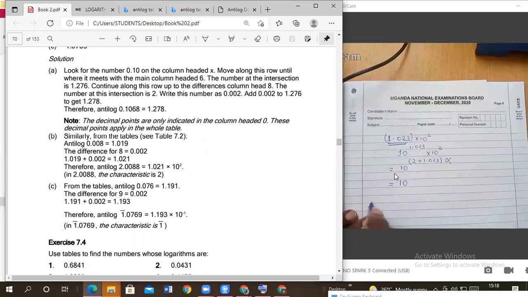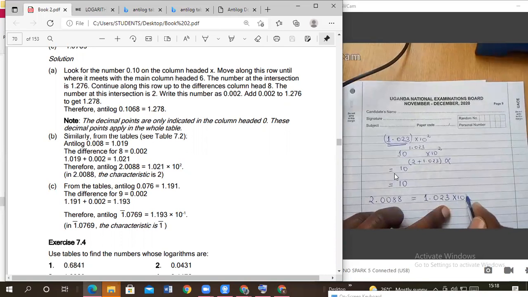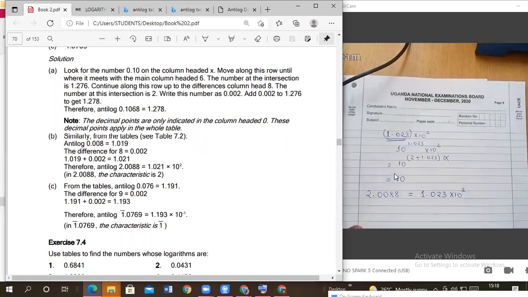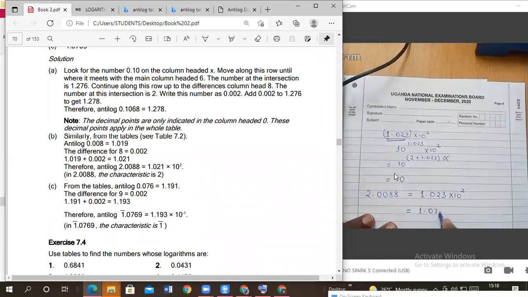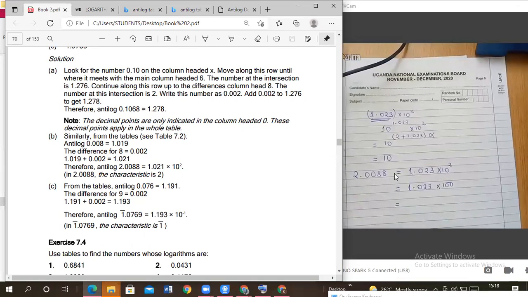So what you do, because for 2.0088 we got 1.023 times 10 to the power 2. So that's the number. To simplify, we say 1.023 times 10 squared, which is 100, not so? So what is that number?